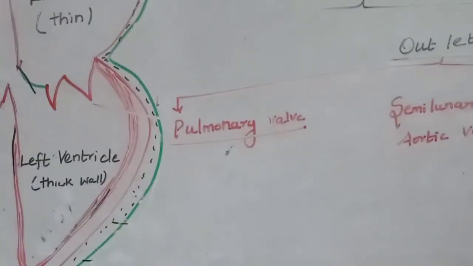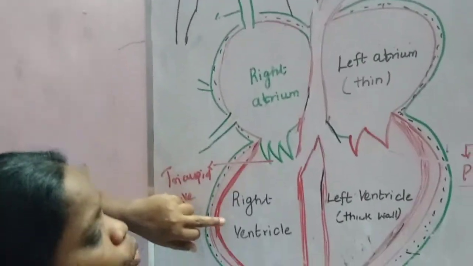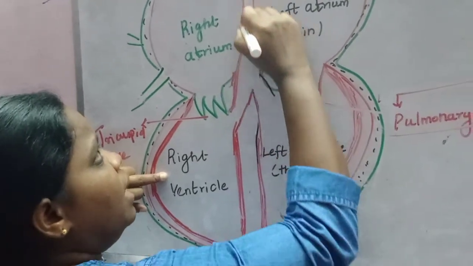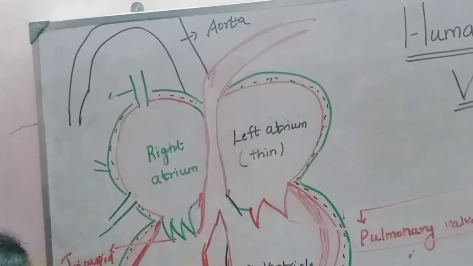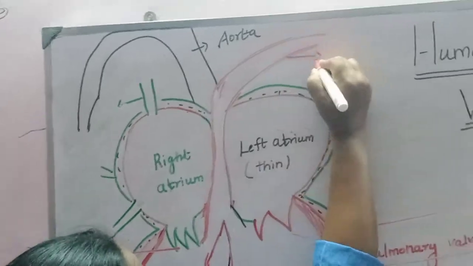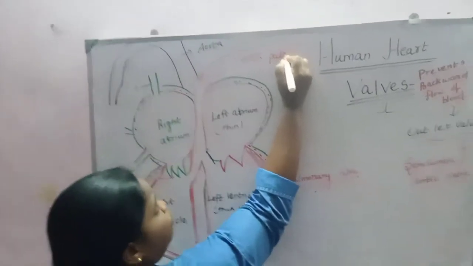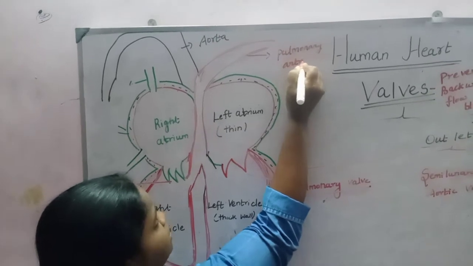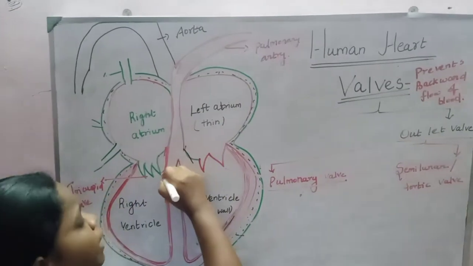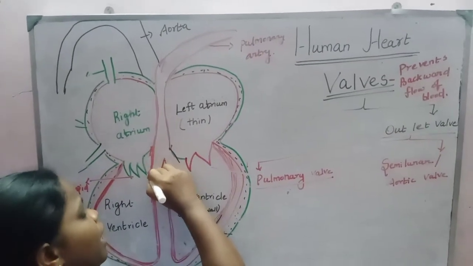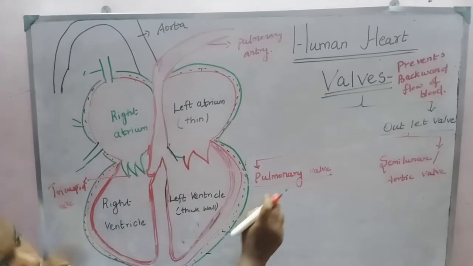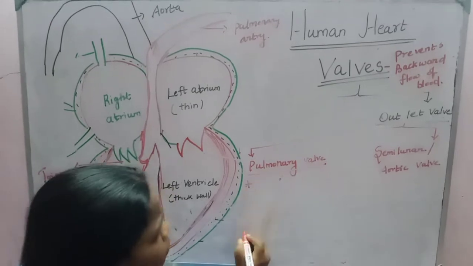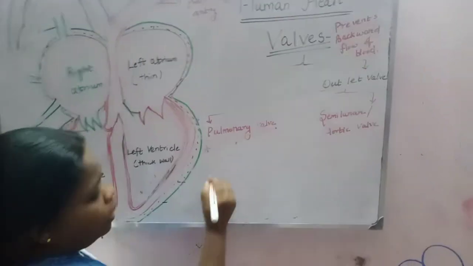The pulmonary valve is present in the pulmonary artery. The blood vessel that arises from the right ventricle is called the pulmonary artery. In this pulmonary artery, there is a valve called the pulmonary valve.